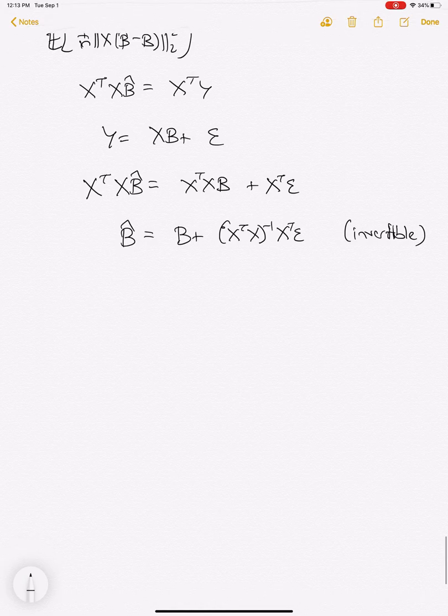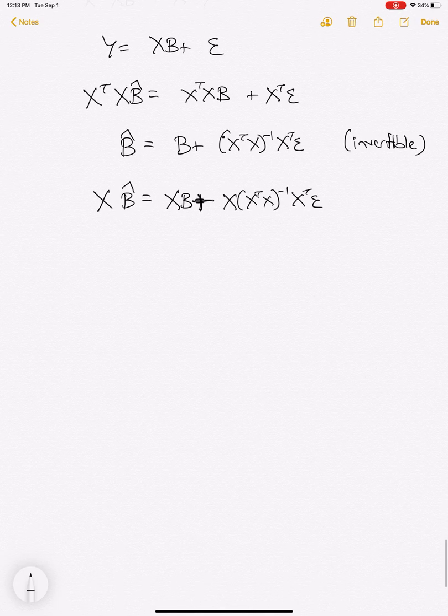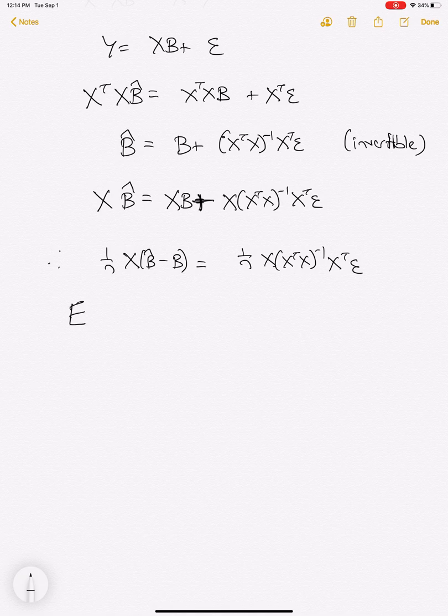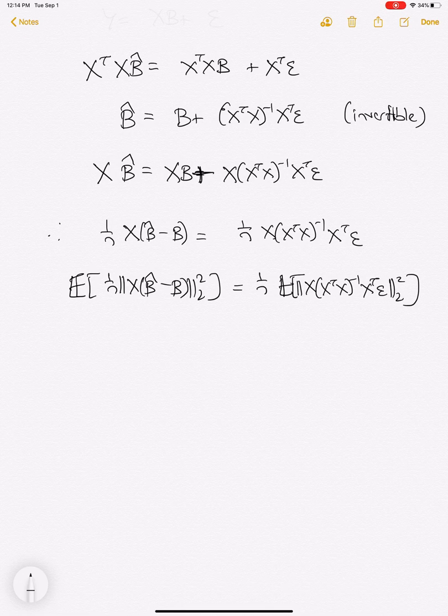So we're assuming that the X transpose X matrix is invertible. Then what we get is the following.